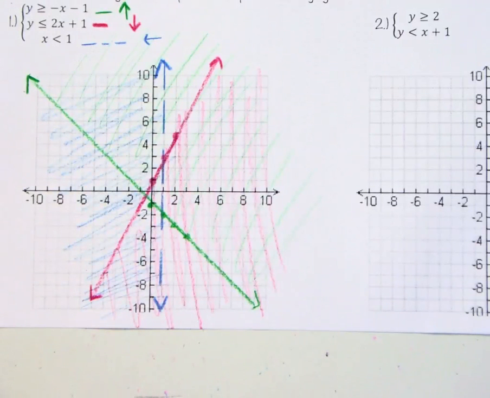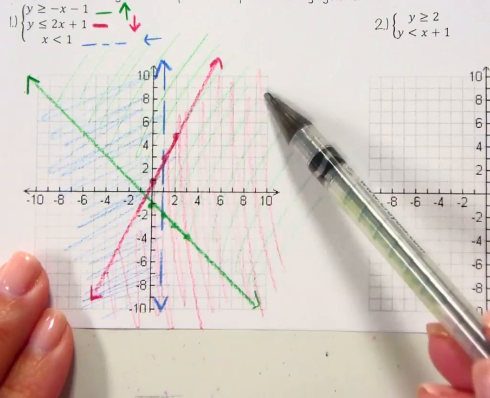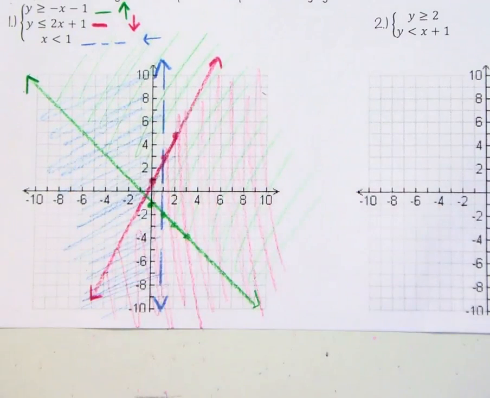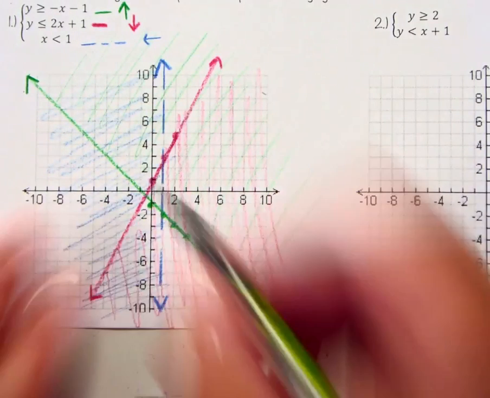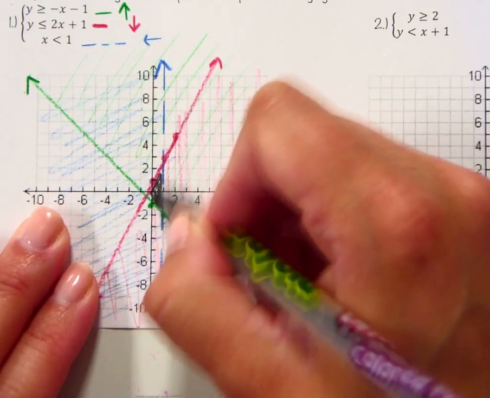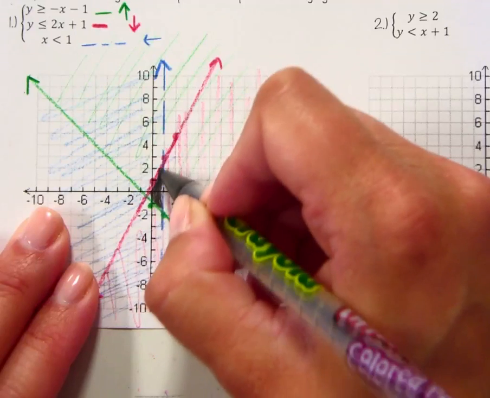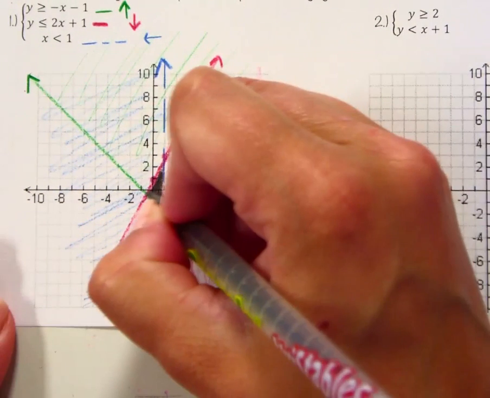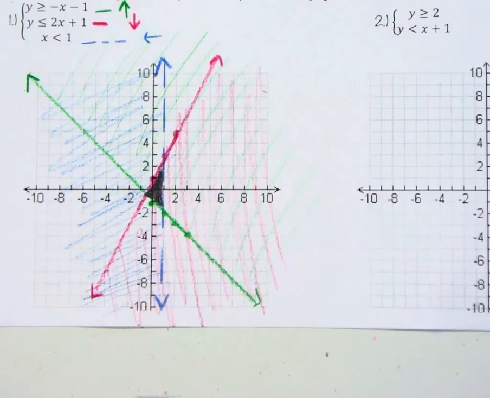Can you see where that is here? It's kind of hard to tell, but remember we're above the green line, below the red, to the left of the blue. Emily? It is in that really small triangle. So what I want you to do again, like I said, color that dark. That's your way of telling me that you know exactly your solution set.